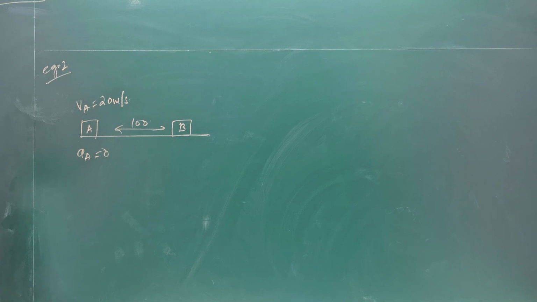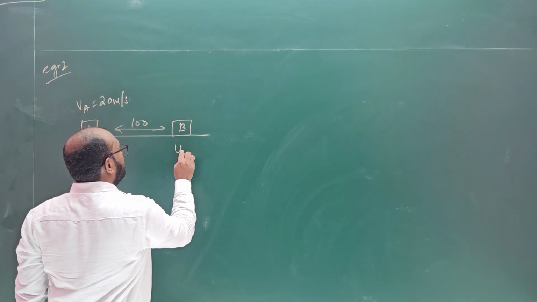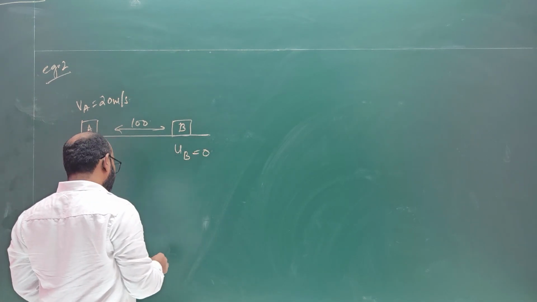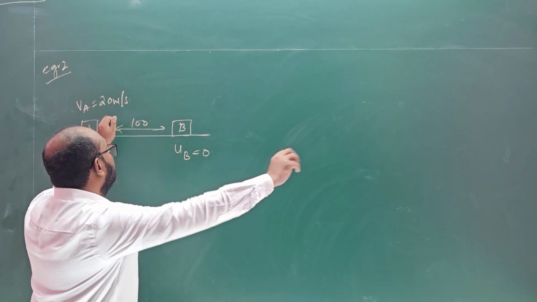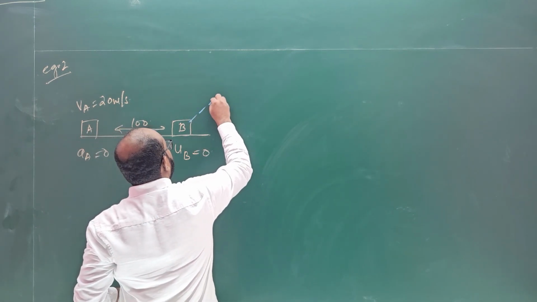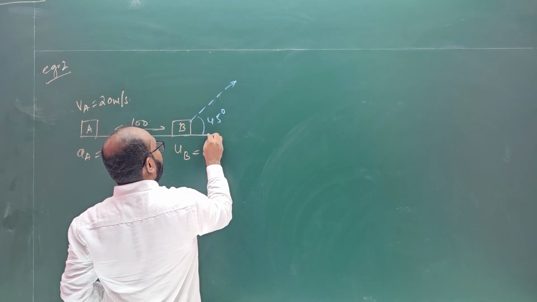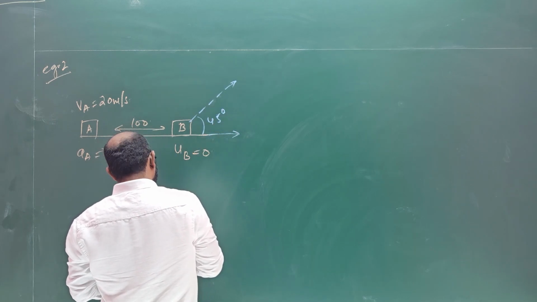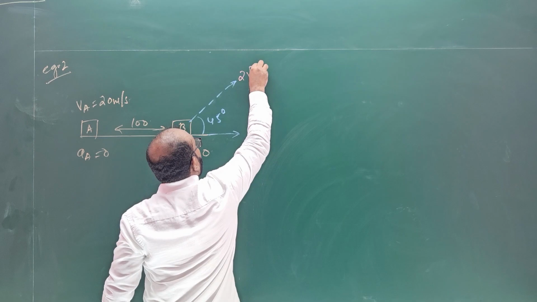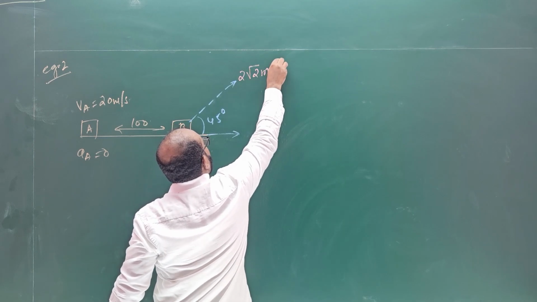If body B's initial velocity is 0, and acceleration is acting at 45 degree with the horizontal, 2√2 meter per square second.